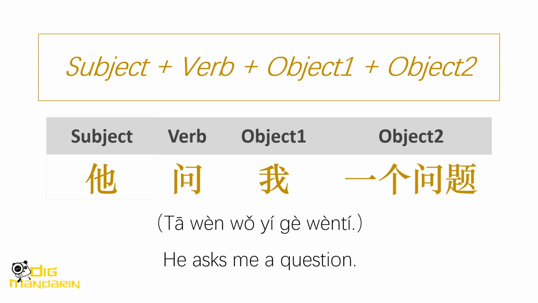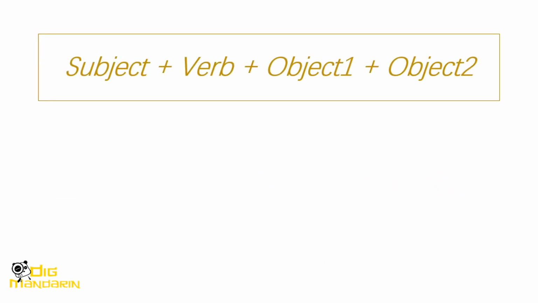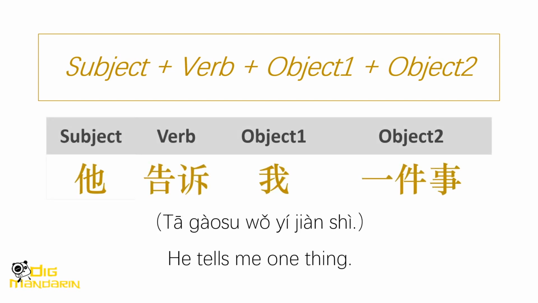He asks me a question. Example 3. 他告诉我一件事. He tells me one thing.